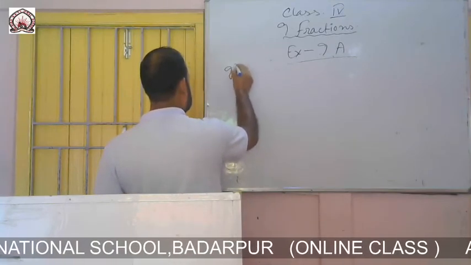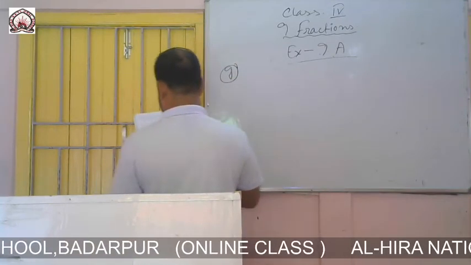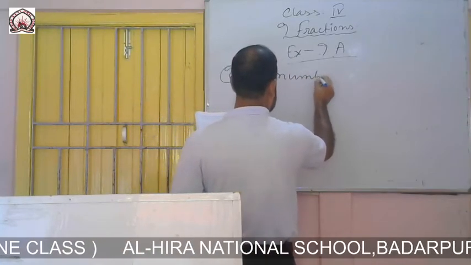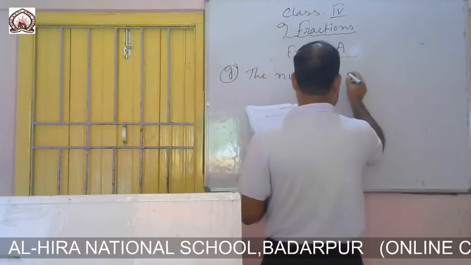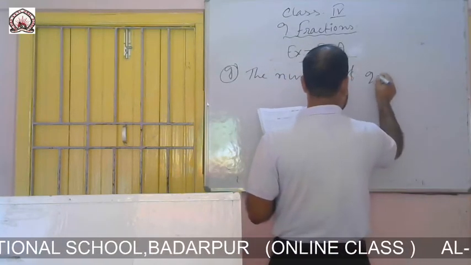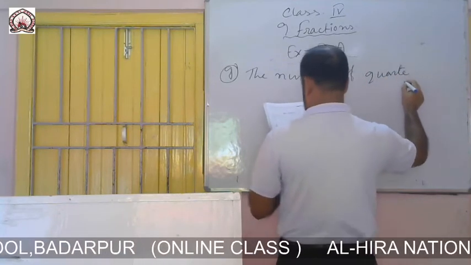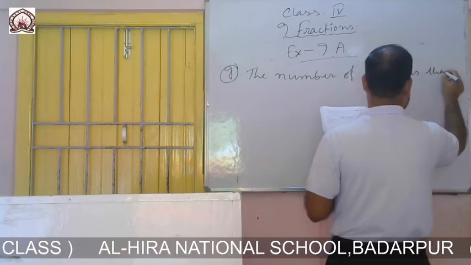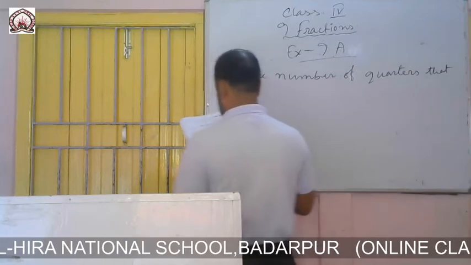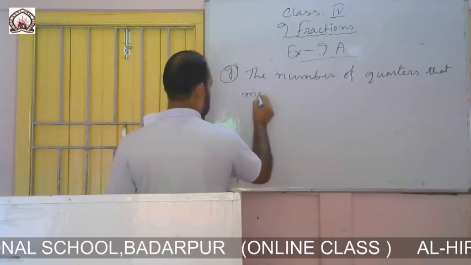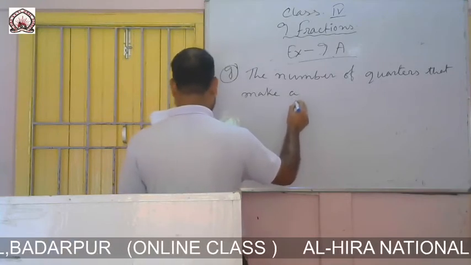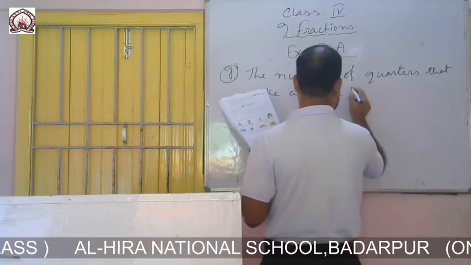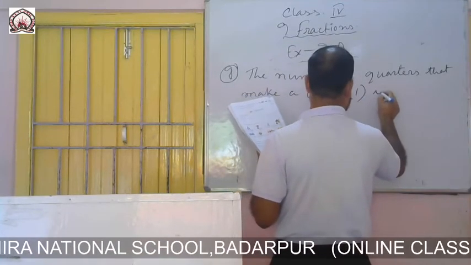Question number G. The number of quarters that make a whole, that means one, is dash.